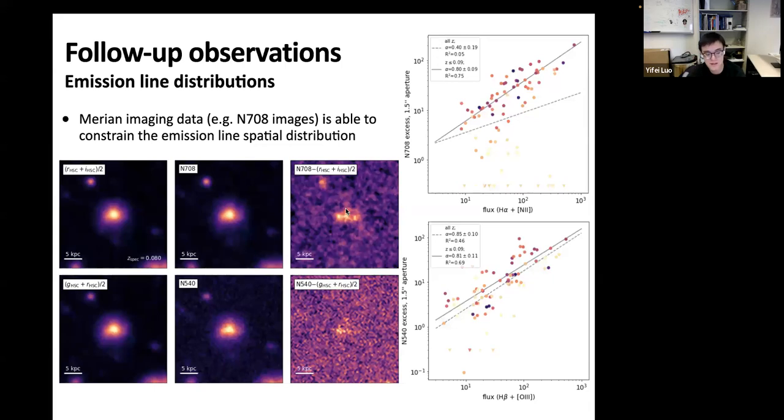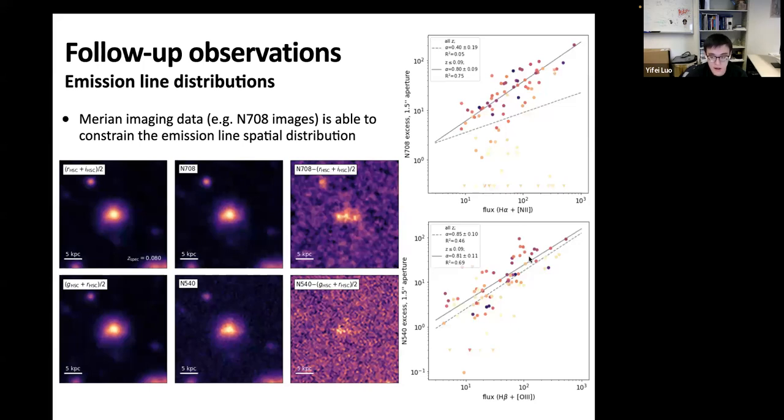You can imagine this as a really low spectral resolution IFU, but you can have an H alpha map. That's really good. And we actually calibrate the flux with the spectra we got from Magellan, so they are in pretty good one-to-one agreement for our Merian redshift range.